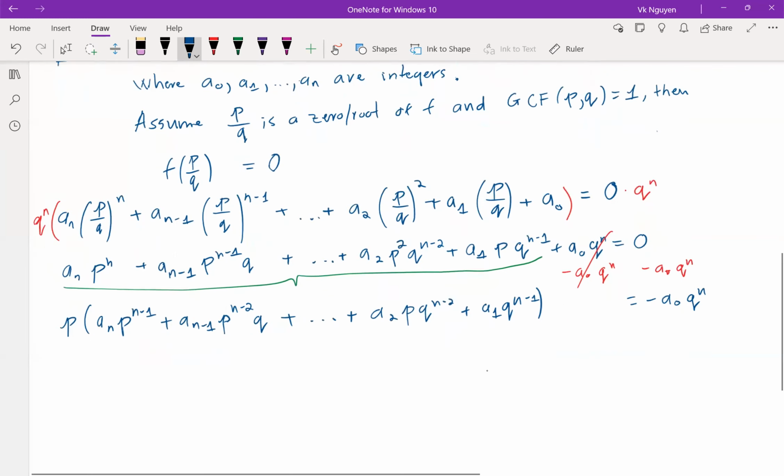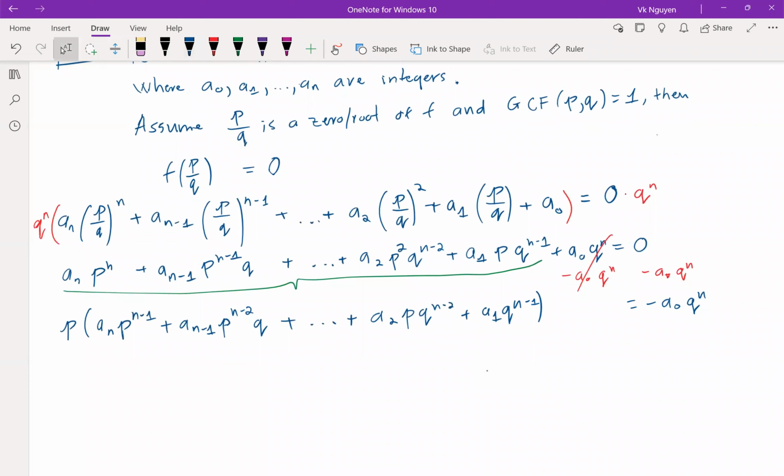So here comes the glory part. The GCF of p and q is 1. Since GCF, the greatest common factor, of p and q is 1, the greatest common factor of p and q to the n is also 1.